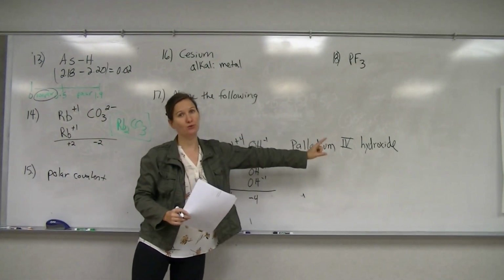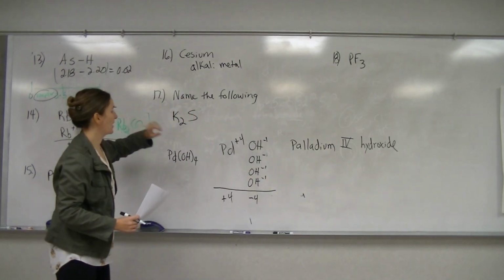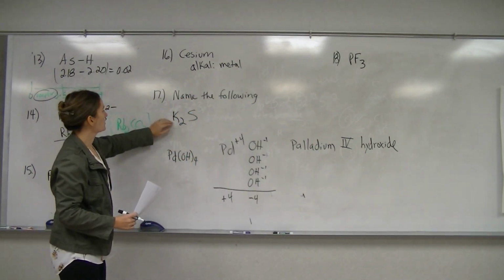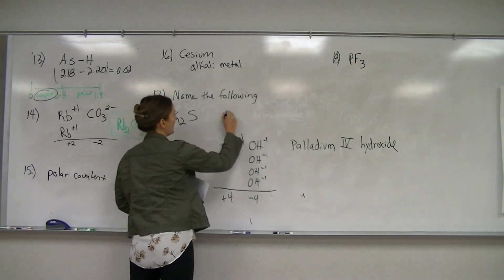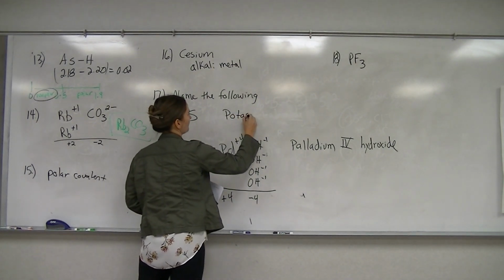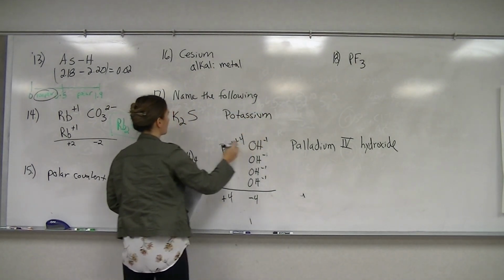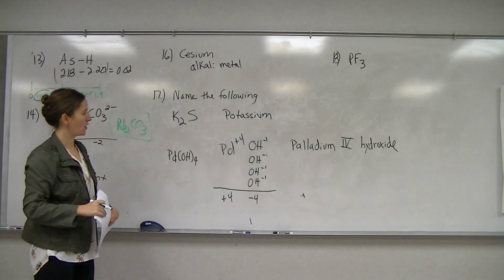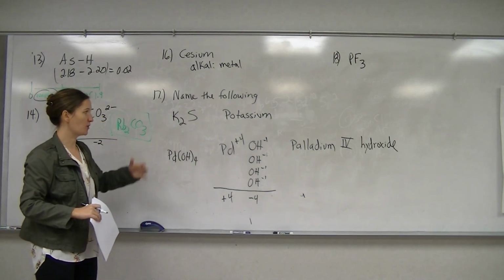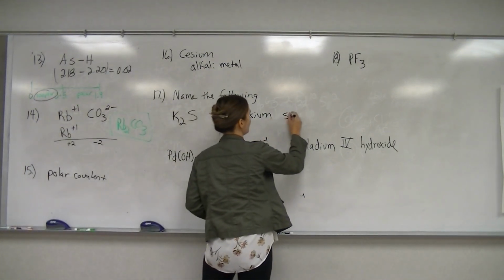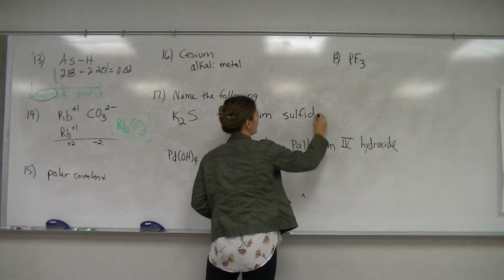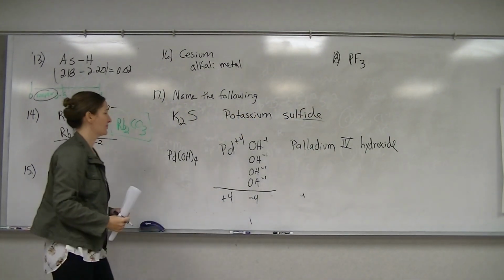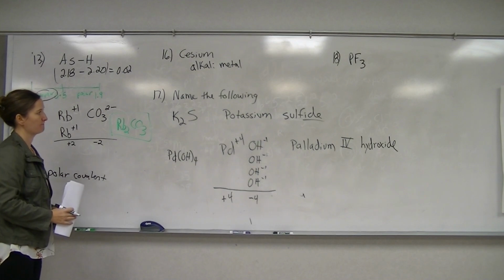You only use Roman numerals for transition metals. So I look up K, and that is potassium. Then I name the second half, the sulfur, and I don't use prefixes, but I am still going to do that -ide ending, and it's going to become sulfide. So potassium sulfide is the correct name for that one.